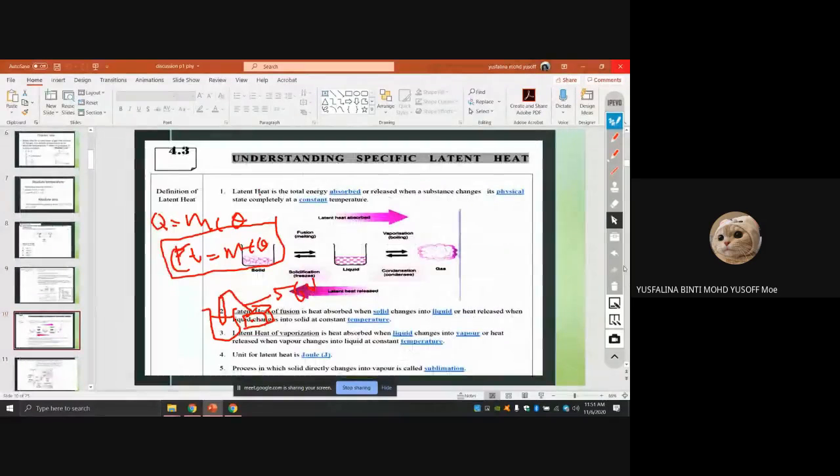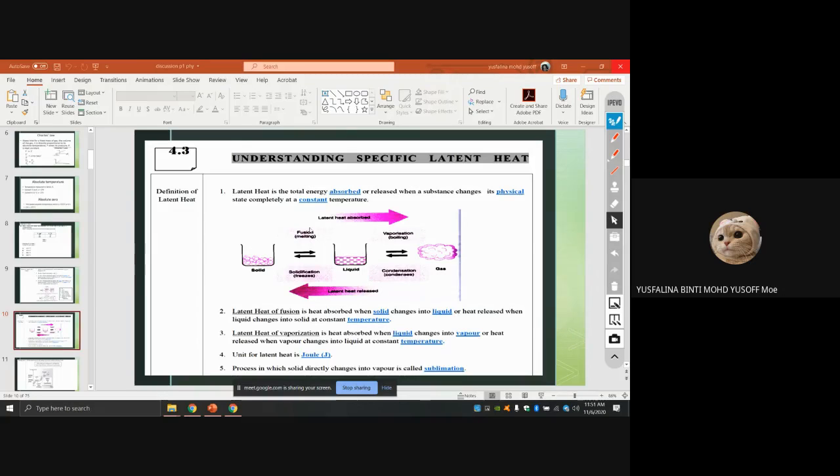Next is specific latent heat. Specific latent heat is the energy absorbed or released when a substance changes its physical state completely at a constant temperature. Let's say from solid to liquid.